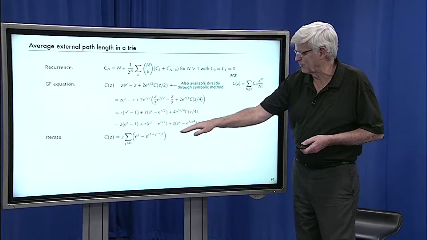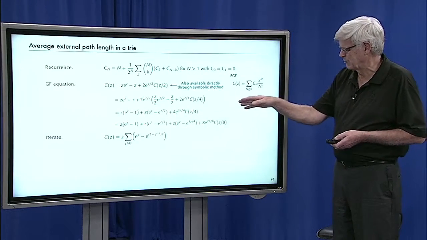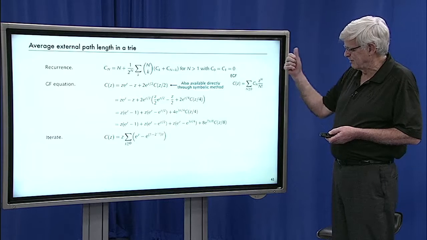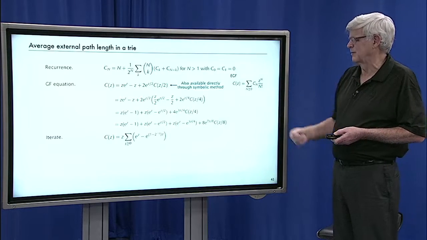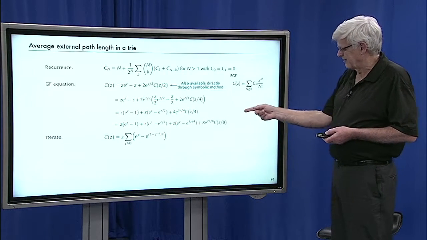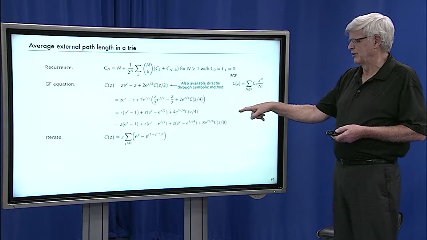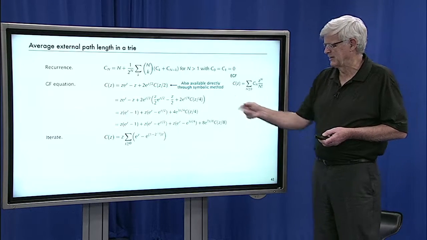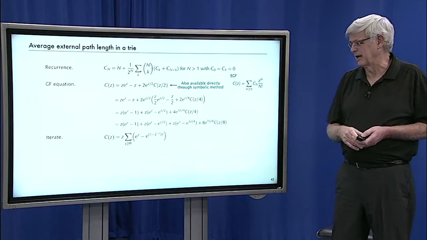So we get a sum of terms of the form z times e to the z minus e to the half z, 3/4 z, 7/8 z, and so forth. You have to prove that this thing really goes away as you go to infinity, but anyway, that's the iteration that we get.